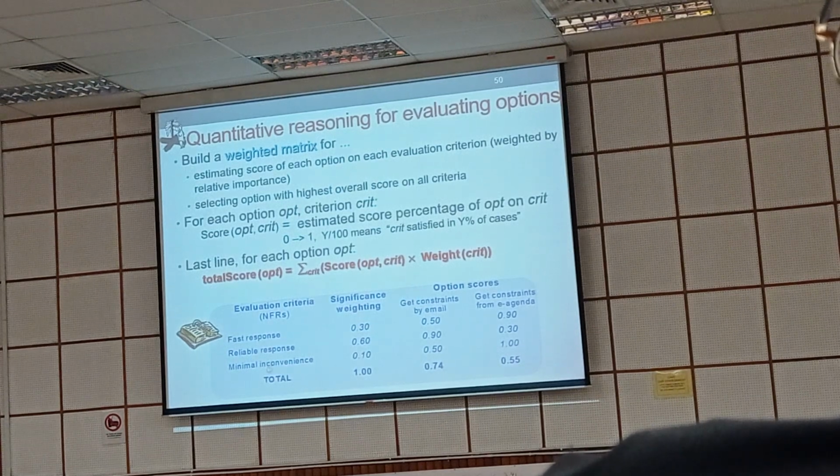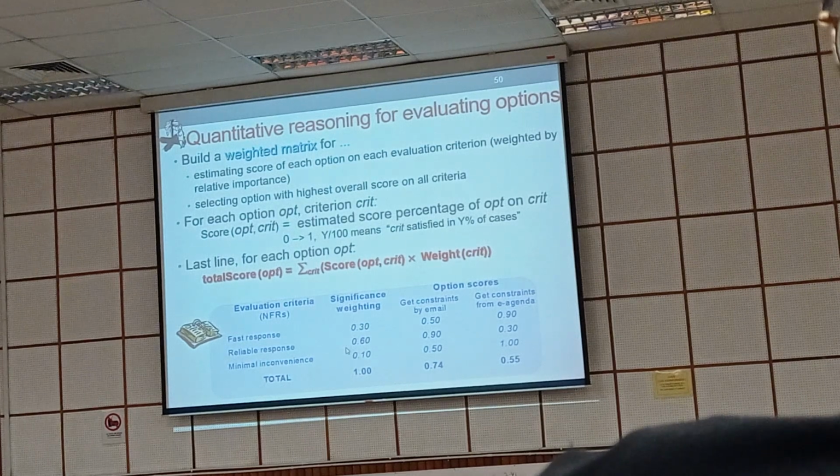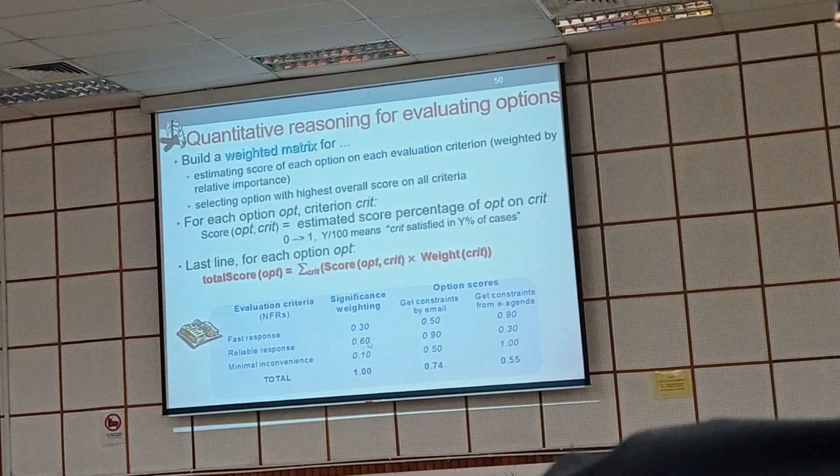And minimum or minimal inconvenience, 10%. So, you have to convert this to ratio. Like probability, less than 1. Cannot be more than 1, must be less than 1. Okay, don't leave it in percentage, leave it in ratio form. Okay, then this one, 60 the probability, and this is 30, this is 10.